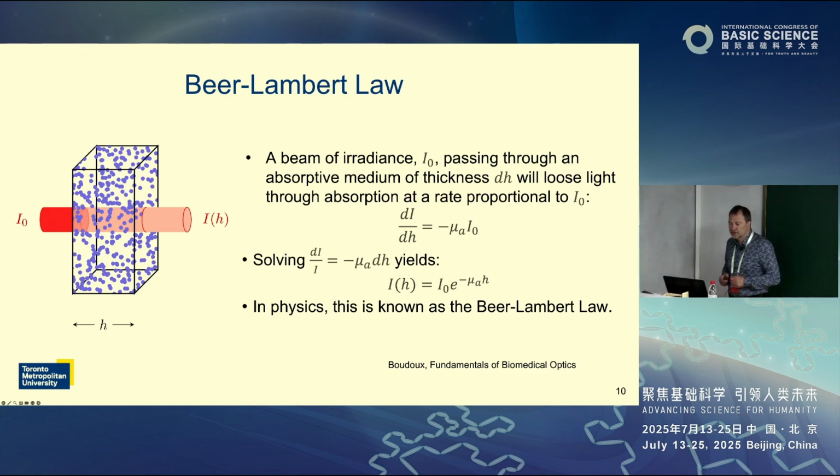The solution of that, of course, is exponential, a negative exponential, and it's a product of the absorption coefficient times the path length of the light.